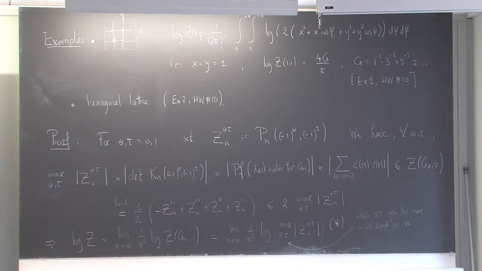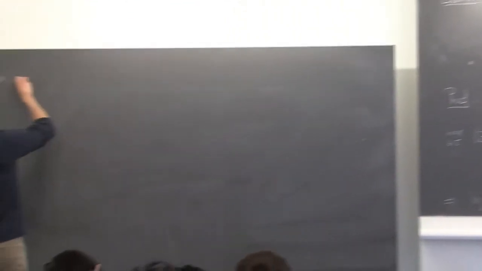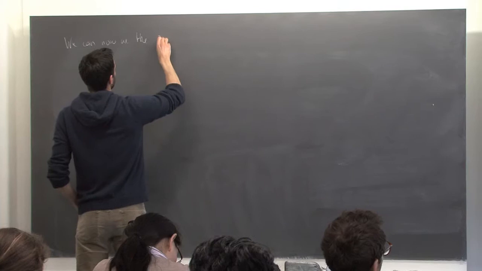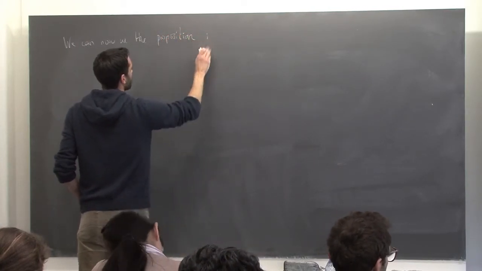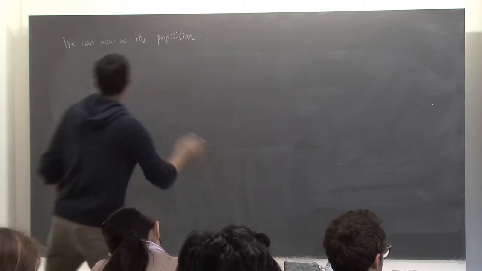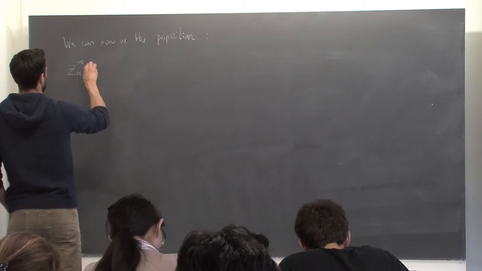Okay, so now, as I said, we can now use the proposition of last week. So we know that Zn(theta, tau), what is it?